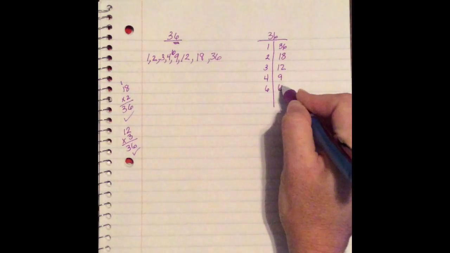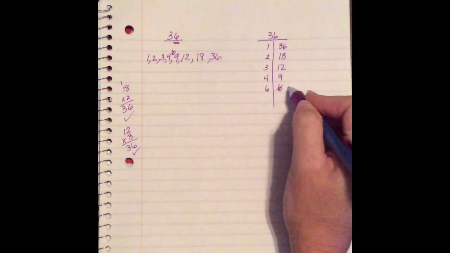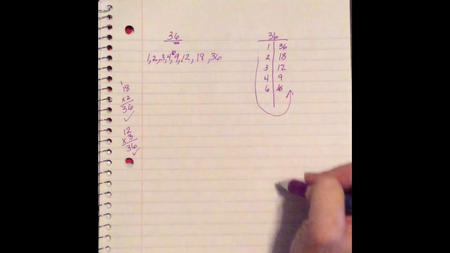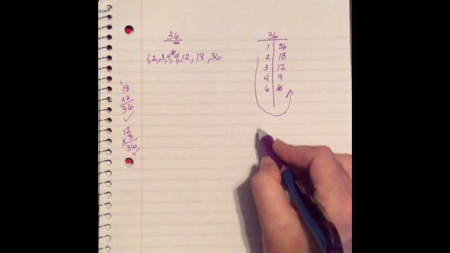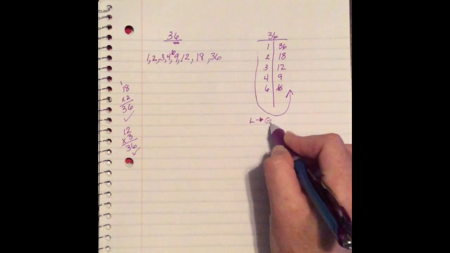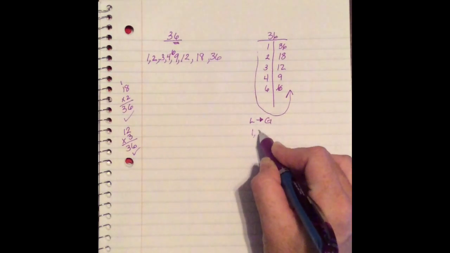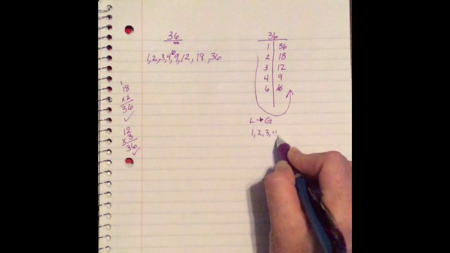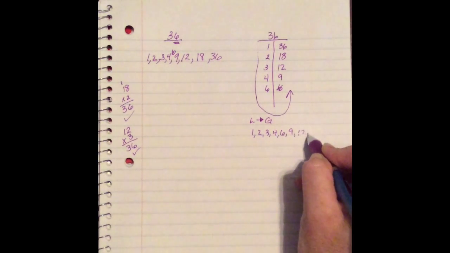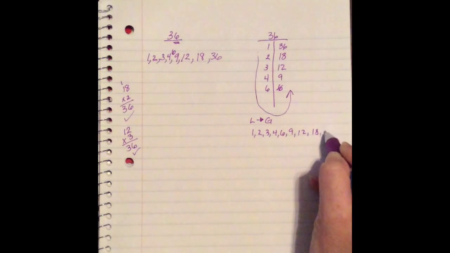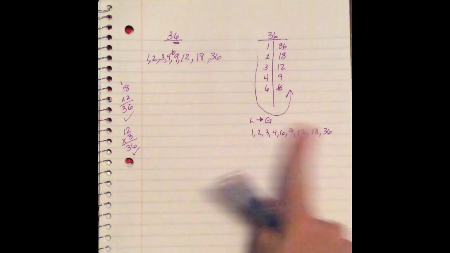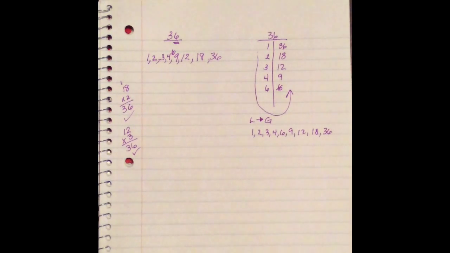And I'm just going to draw a line like this for my own sake so I remember when I'm listing them. When I'm going like this to list them, I don't write that 6 twice. So from least to greatest, it is 1, 2, 3, 4, 6, and then 9, 12, 18, and 36. Okay, and if you needed it from greatest to least, you would just write this in backward order.